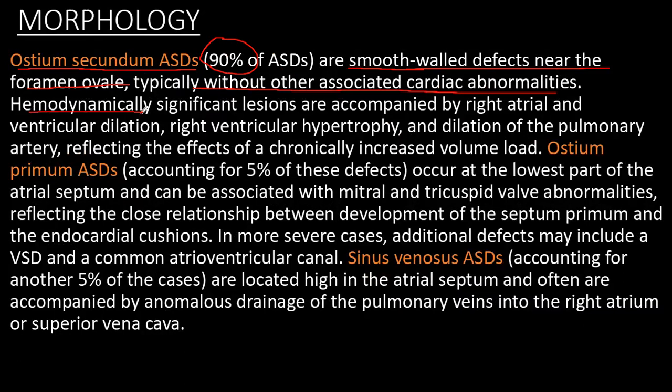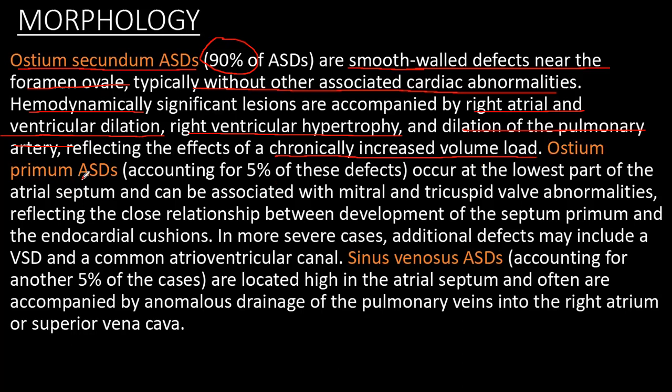Hemodynamically significant lesions are accompanied by right atrial and ventricular dilation. You can understand why. Also, there will be right ventricular hypertrophy and dilation of the pulmonary artery, and this reflects the chronically increased volume load.